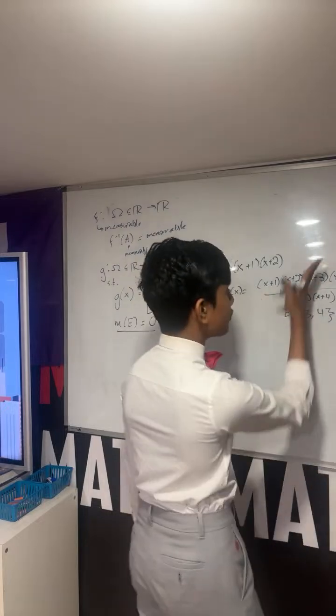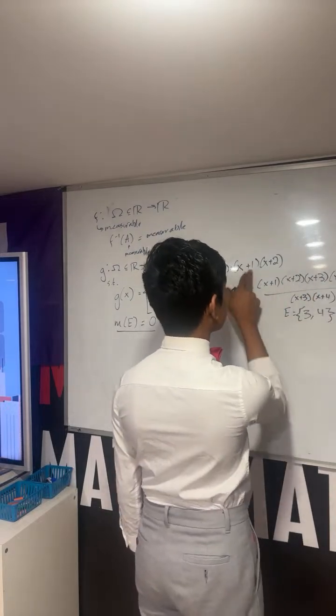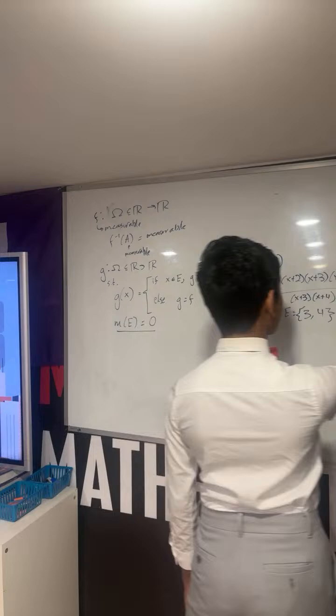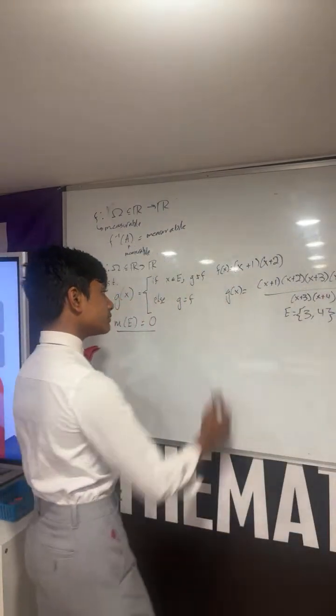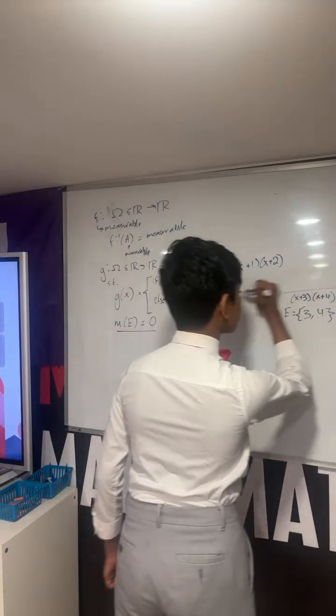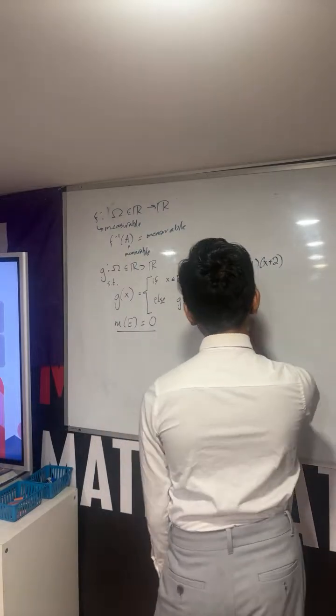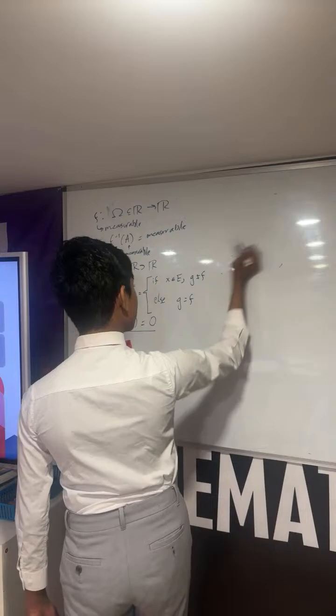When it's not -3 and -4, these guys cancel out and it just reduces to f. But if it is -3 or -4, this becomes indeterminate. So that's a nice real example.